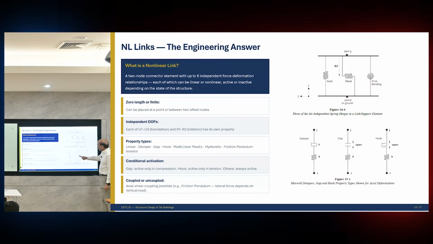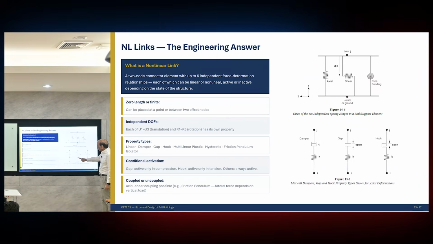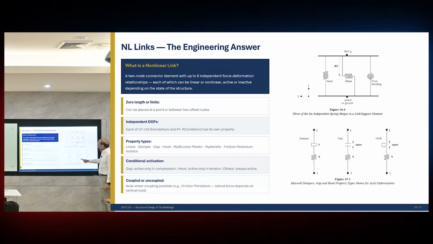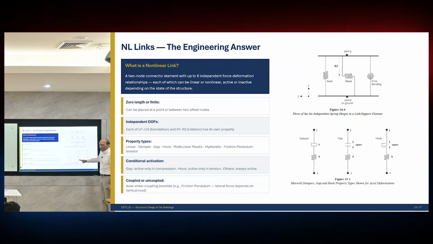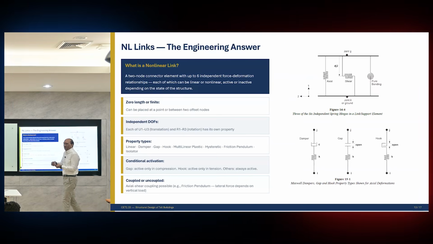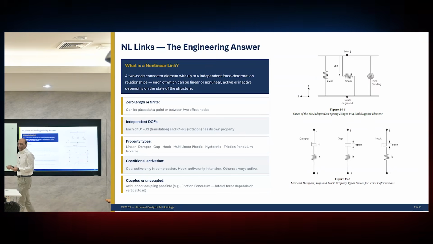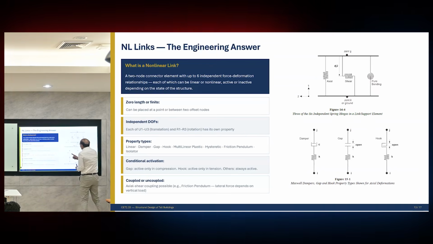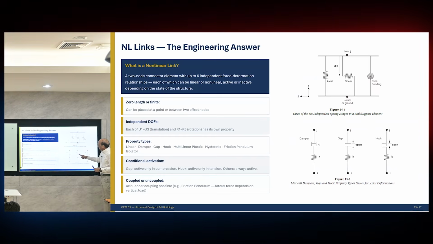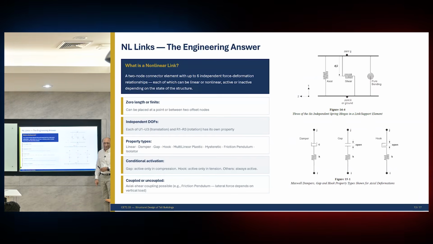You can put what is called a gap, a spring and a gap, and then what is called a hook, a spring and a hook. The spring is used when you run linear analysis, the damper when you use dynamic analysis, and gap and hook when you run nonlinear analysis.